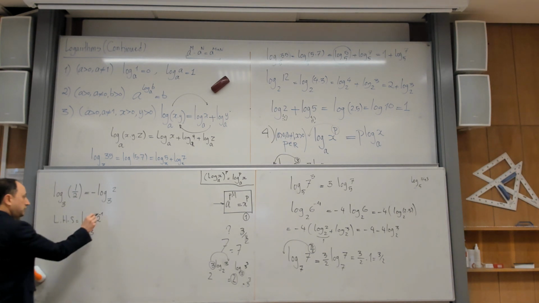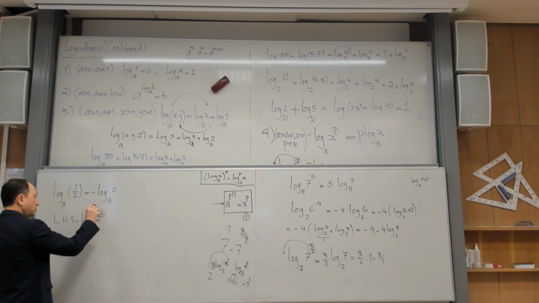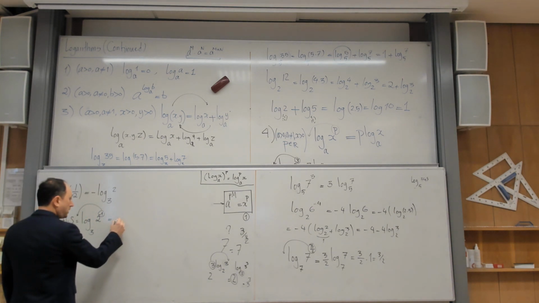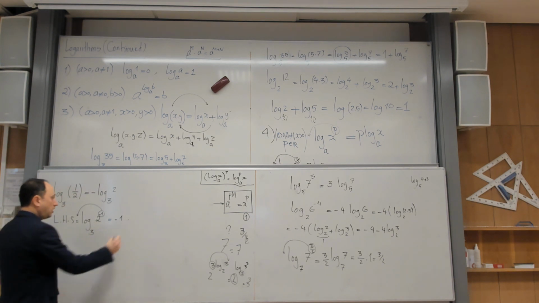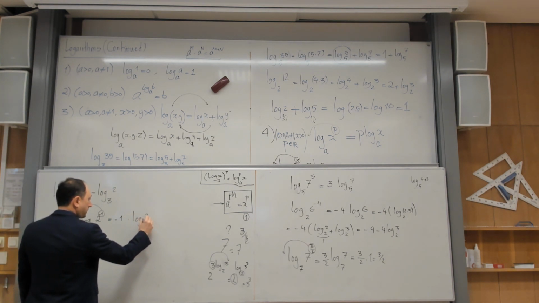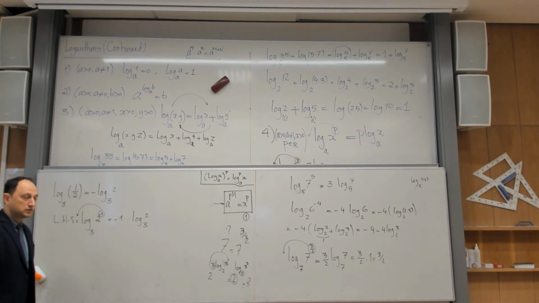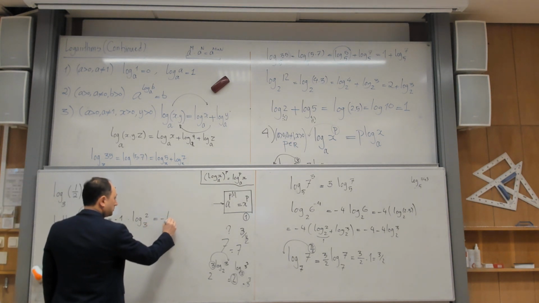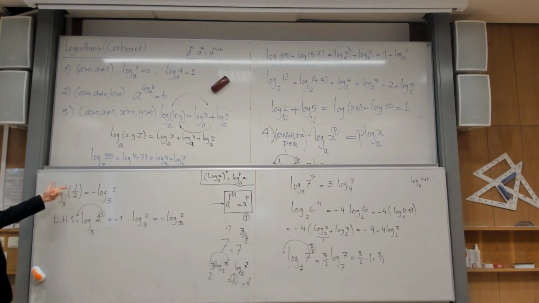And then, as Melchior mentioned, this minus 1 goes back. So this becomes minus 1 times log of 2 in base 3. But minus 1 times any number is the negative of that number. So you see, it's extremely useful. I interchange that, I put a minus sign here.